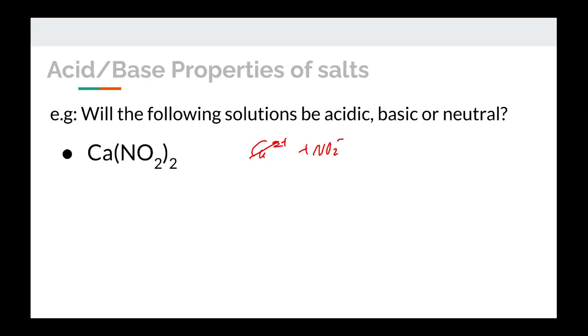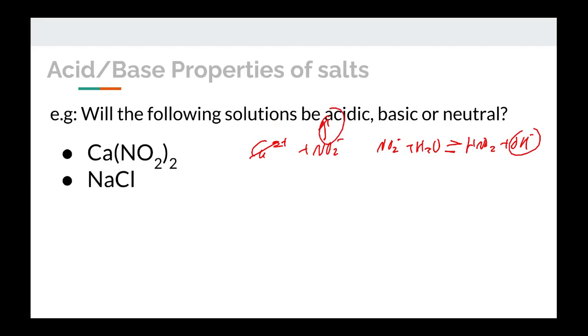So that means it's one of those weak bases. In fact, it's going to react with water, and it's going to produce some HNO2, and it's going to produce a little bit of OH minus, and that's going to raise the pH. So this has no effect. This has the effect of increasing pH, so that's what's going to happen.